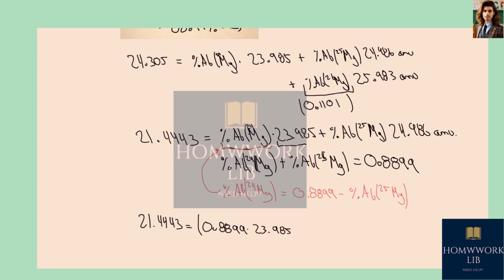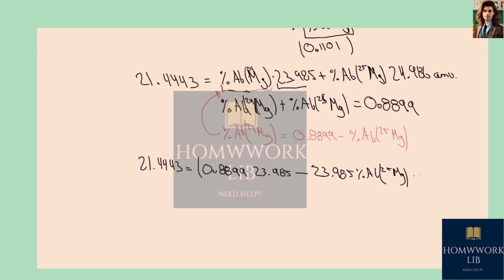23.985, in this case minus 23.985 times the percent of abundance of magnesium 25, plus the percent of abundance multiplied by the other mass, which would be plus 24.986 times the percent of abundance of magnesium 25.